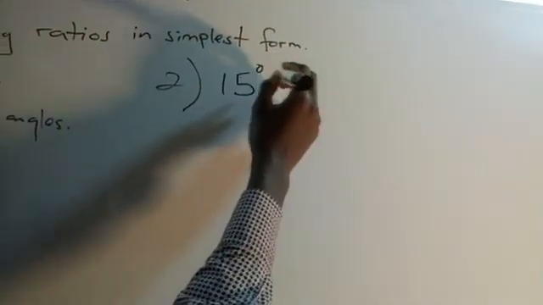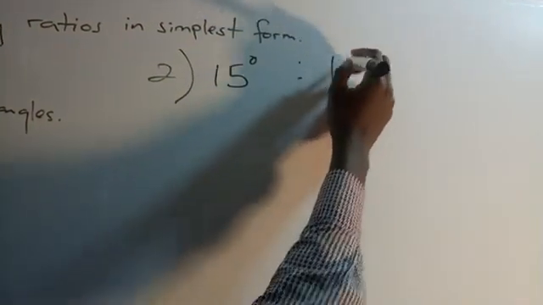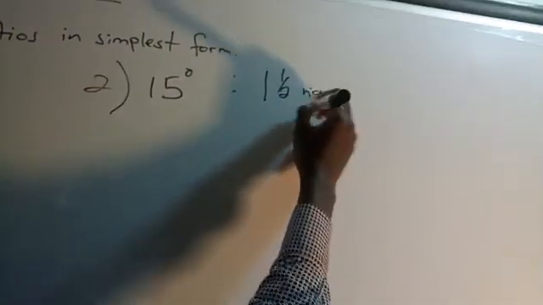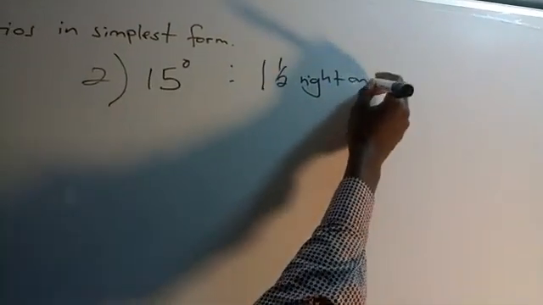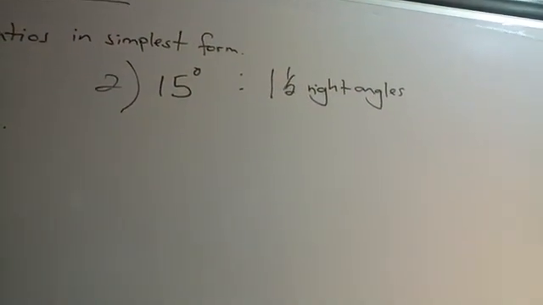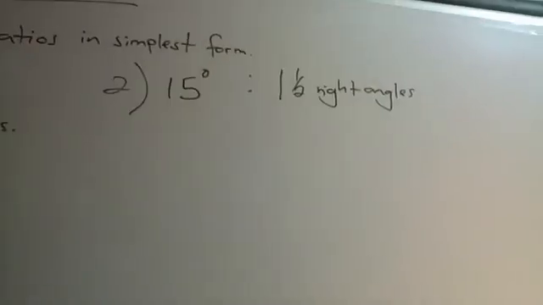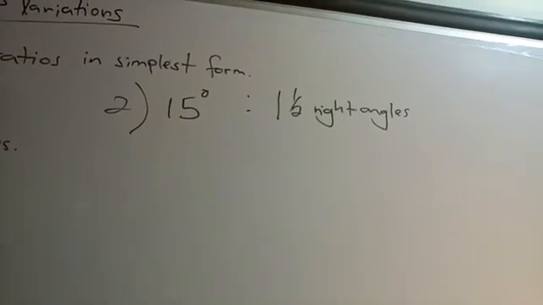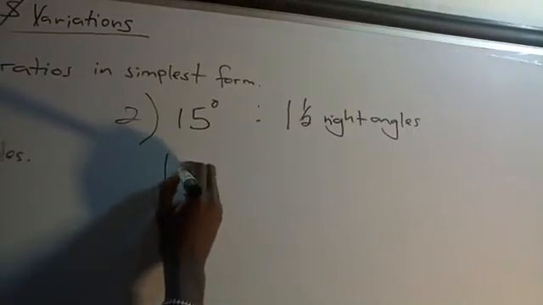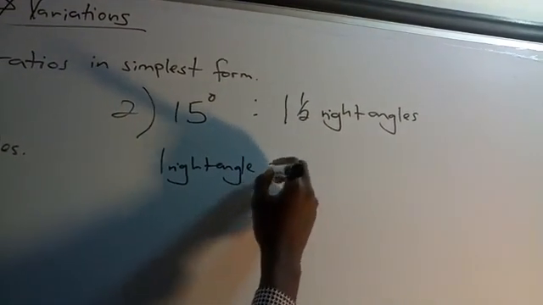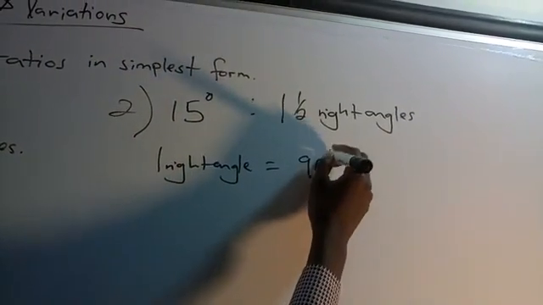Let's go to number 2, which is 15 degrees to 1.5 right angles. We convert 1.5 right angles to degrees, where one right angle is equal to 90 degrees.